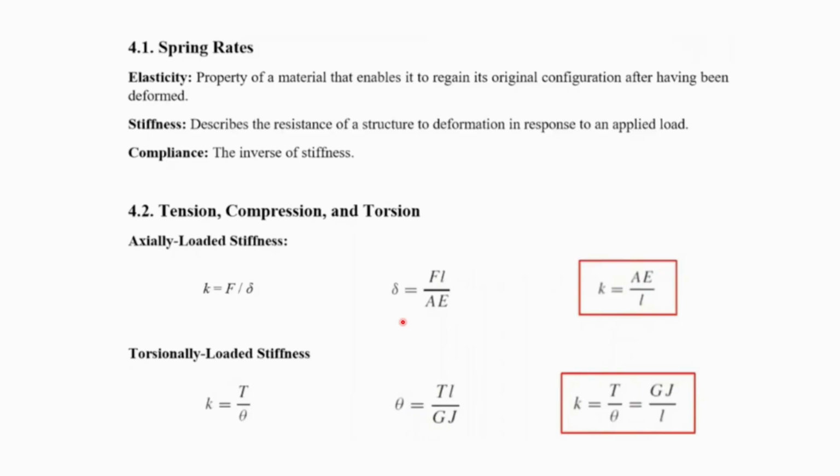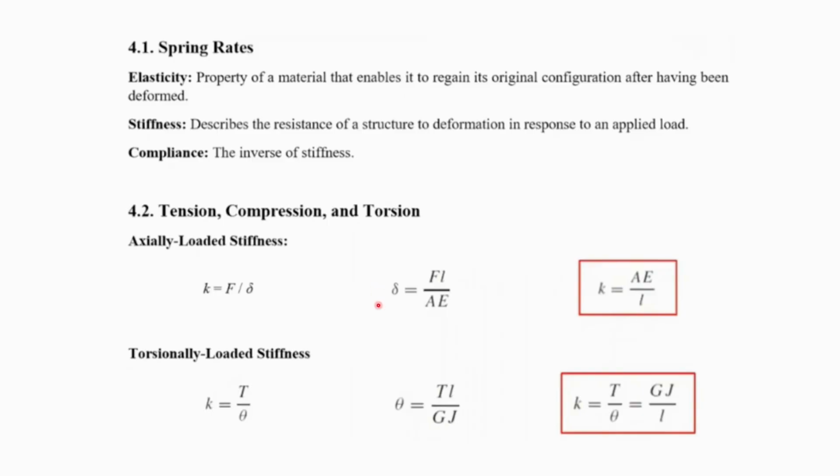And naturally, when we apply an external torque, this will create some internal torque in the structure, and we can calculate the angle of rotation or the angle of twist or the angular displacement. All of them have the similar meaning by using this equation, TL over JG or GJ. T is the applied torque, L represents the length of the structure, G is the shear modulus, and J is the polar moment of inertia.